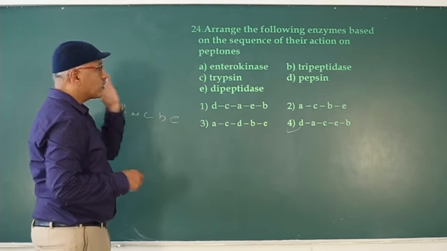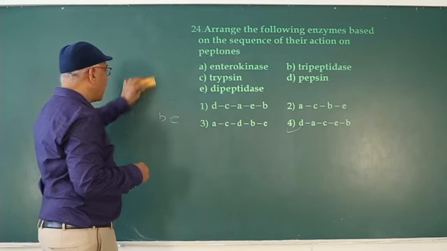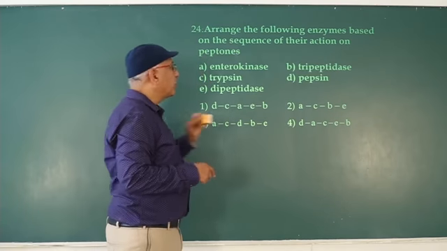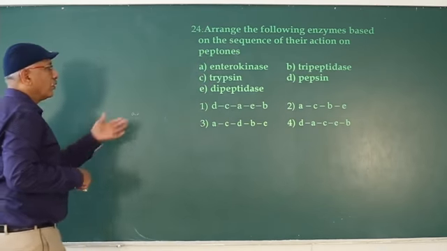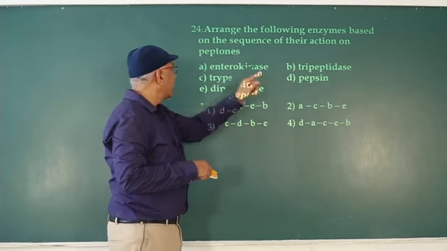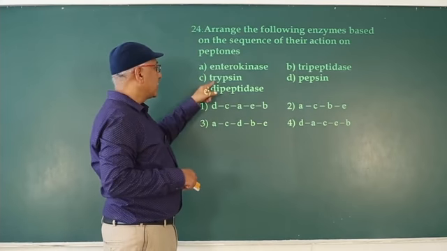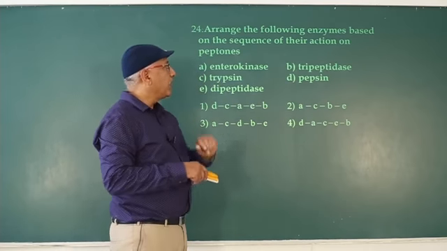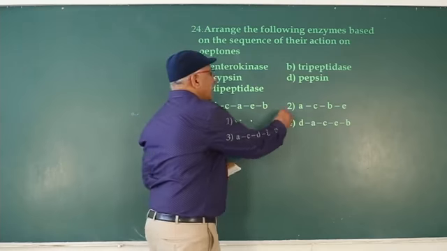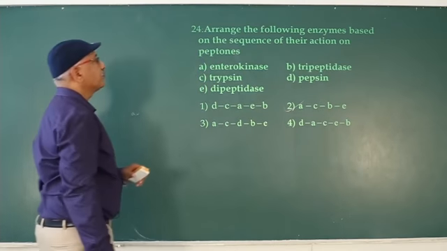There is no such option, so you avoid pepsin. The only other option is A, enterokinase, C, trypsin, B, tripeptidase and E, dipeptidase.